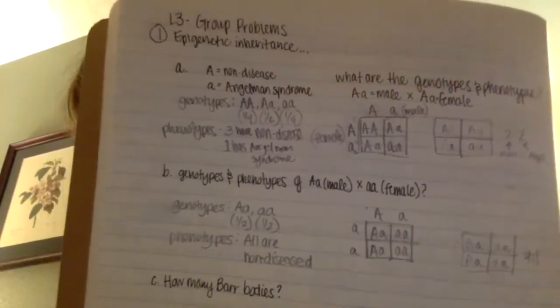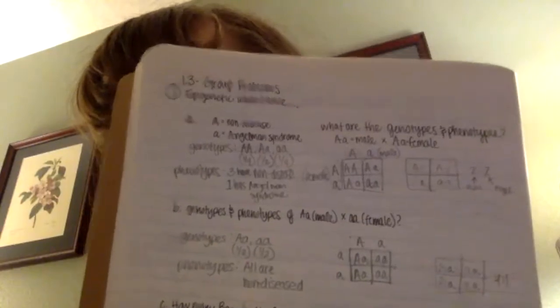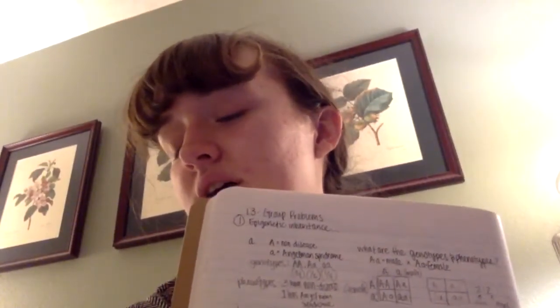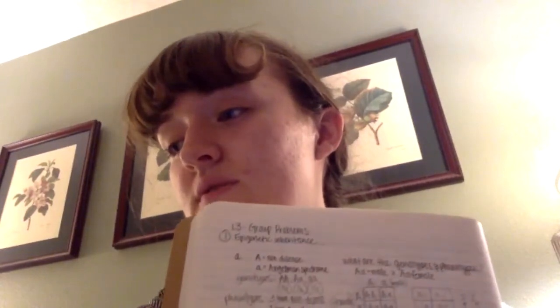Part C is asking about a different question concerning epigenetic inheritance, saying that a woman has triplo X syndrome, meaning she has 3 X chromosomes. However, the XIC, the X inactivation center, has been deleted from 2 of the X chromosomes in each of her cells.